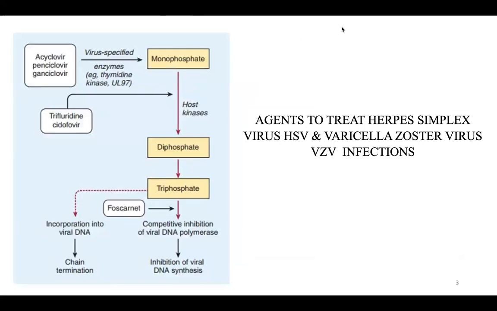There are 3 oral nucleoside analogs licensed for the treatment of herpes simplex and varicella zoster virus infection: acyclovir, valacyclovir, and famciclovir. They have similar mechanisms of action and comparable indications for clinical use.